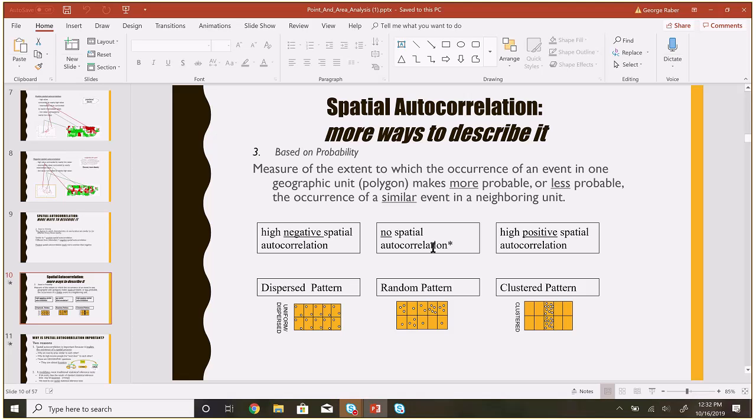One of the reasons that we calculate these measures of spatial autocorrelation is to determine if the pattern that we see could have been created by chance. In other words, is it truly a random pattern, or is it a clustered pattern? What's the probability of that pattern existing if it was created based on a random event?